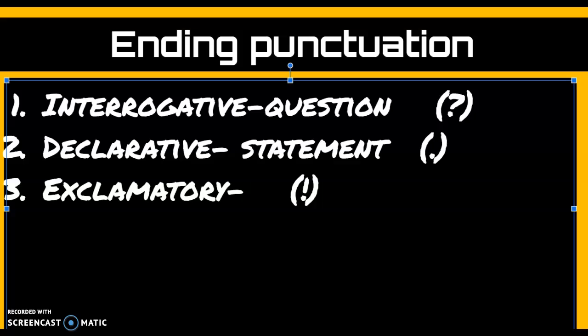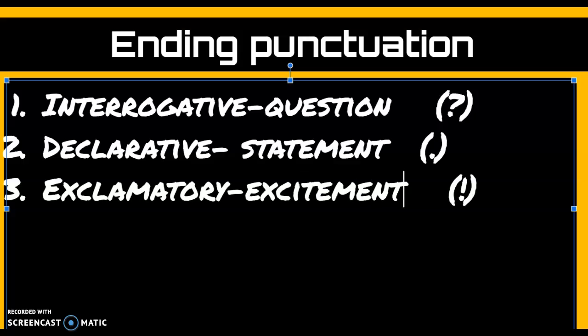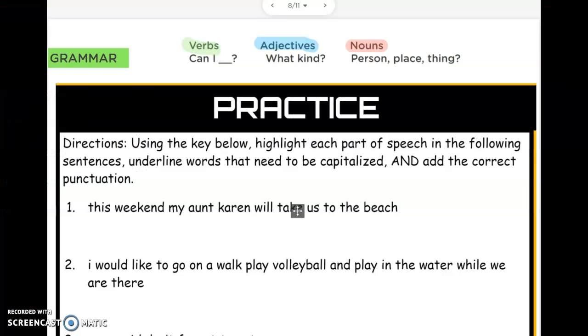And exclamatory sentences means that it is said with excitement, and we add an exclamation point at the end of those sentences. We are still going to be highlighting the verbs, adjectives, and nouns in the sentence and underlining what needs to be capitalized, but now we are going to add the correct punctuation.